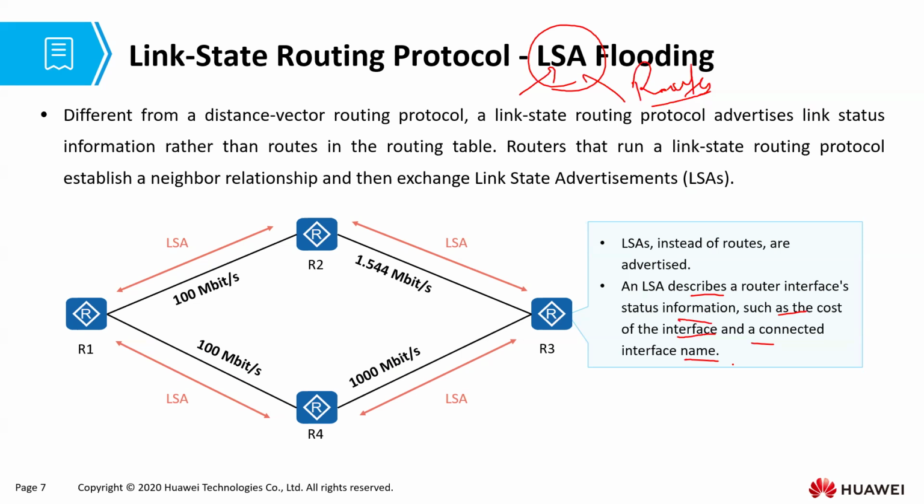What's the importance of knowing the cost? The cost we can directly link to the bandwidth. If we have a lot of bandwidth on a link, it means the cost will be low. It means that will definitely be a preferred route over the other one with a higher cost. So instead of flooding routes, we flood link statuses. From the link statuses, that's where we can then choose which route is the best.